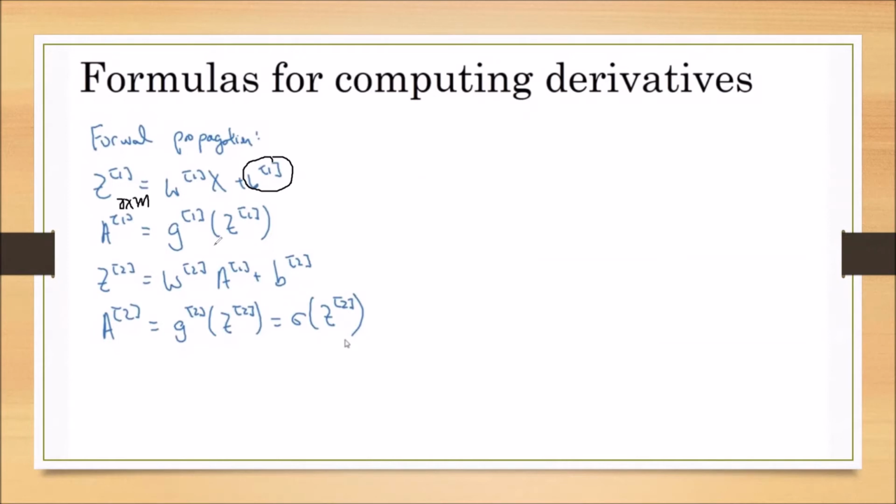Now we calculate the sigmoid function, or the tanh function, or ReLU, the rectified linear unit function. We apply it to each and every element of this Z. So this G may be either sigmoid, or tanh, or rectified linear unit, or leaky rectified linear unit.